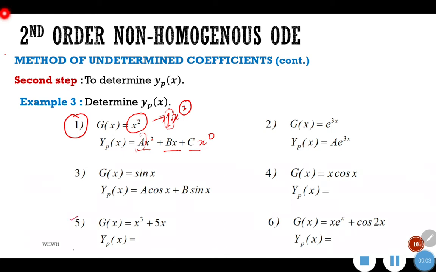Mana lagi yang polynomial? Number 5. We have X cubed plus 5X. Okay, how many YP we need to consider here? Since it comes from the same category, then you just need to consider 1 YP. X cubed ni adalah polynomial, 5X also polynomial. So from here, what is the highest power? Highest power is 3 kan?